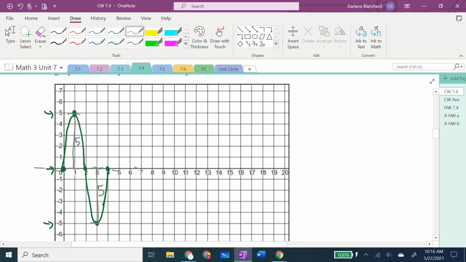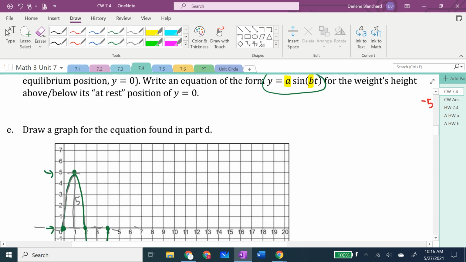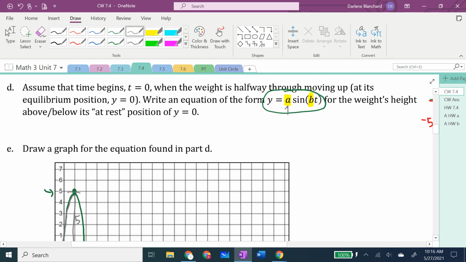Also, if I have a sine function, the positive sine function starts at the middle and goes up before it goes down. And this does that. So that actually means that this is a positive 5.